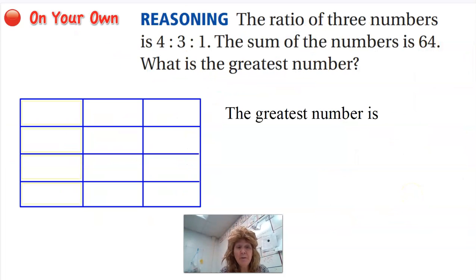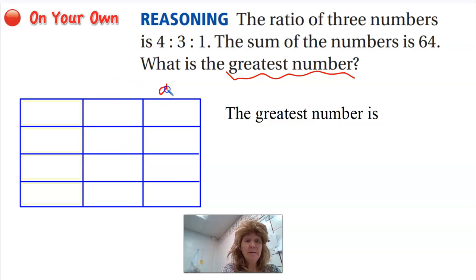And here is an OYO that is also a tricky one. The ratio of 3 numbers is 4 to 3 to 1. The sum of the numbers is 64, and you're trying to find what the biggest of those 3 numbers is. I'm going to start to fill out the table.